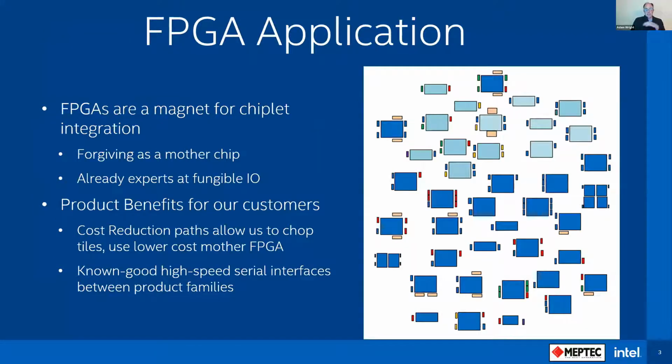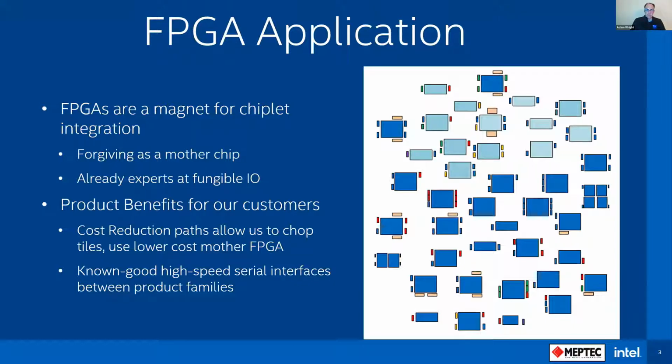For FPGA applications, I thought this picture looked like a Hubble telescope view that evoked the many galaxies in the universe. These are simplified, and all publicly available parts, but we have several dozen multi-chip products within the PSG family within Intel: 6 or 7 different tiles.